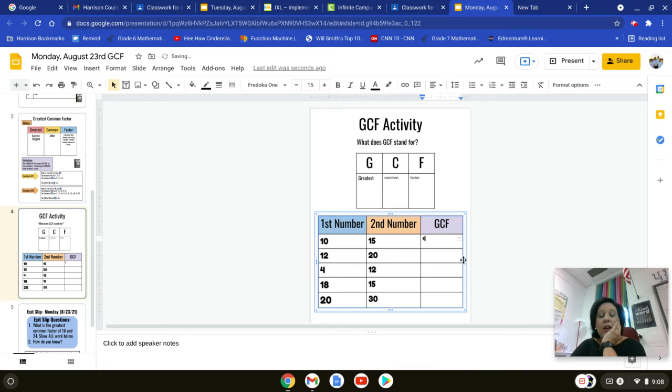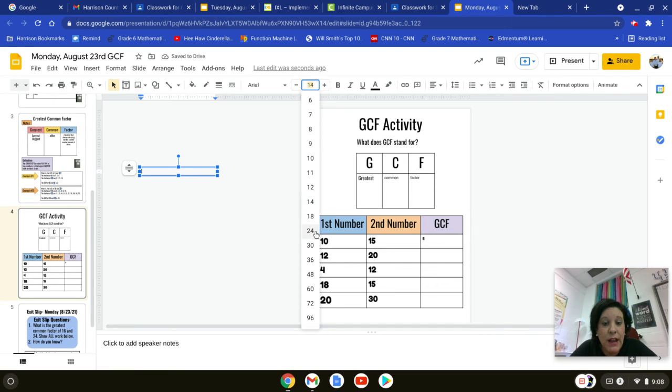And I know this because the factors of 10, I'll just make a little text box. You can draw the horseshoe if that's something that you like to use that we've done in class, or if you don't know what I'm talking about, then maybe you've not been in class, and that's okay. But you can make a list. 1, 2, 5, and 10.